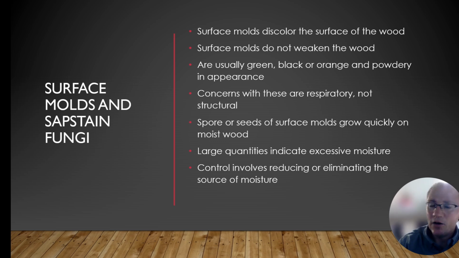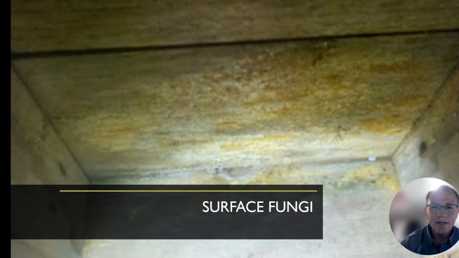And if you're seeing large quantities of these, there's definitely a major moisture issue. So you need to be thinking to yourself, what can I do to reduce that moisture? And as we go through the next few slides, we'll talk about some things that you can do to help that problem.